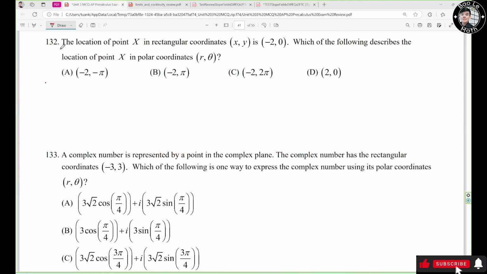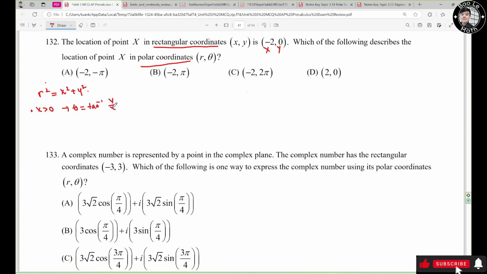Now question 132. We need to convert rectangular coordinates to polar coordinates. So we're going to do it backwards. Now you have the formula r squared equals s squared plus y squared. And then if s is greater than 0, the angle theta can be calculated as tangent inverse of y divided by s.